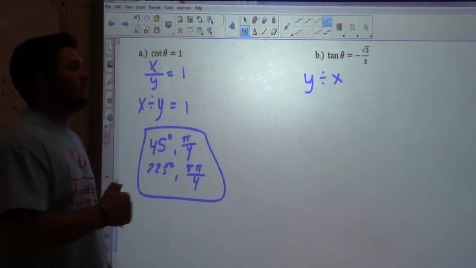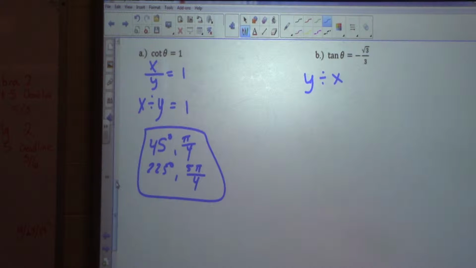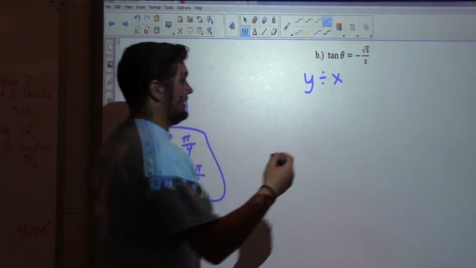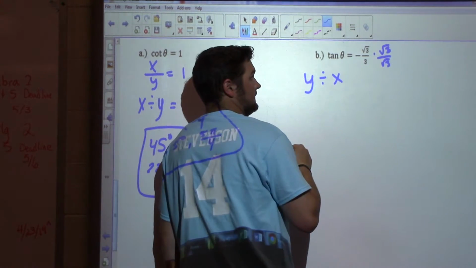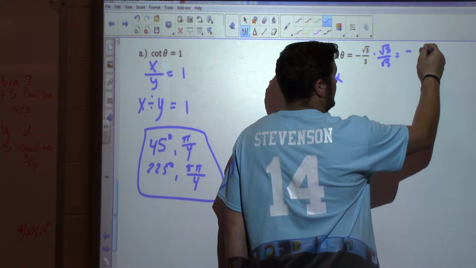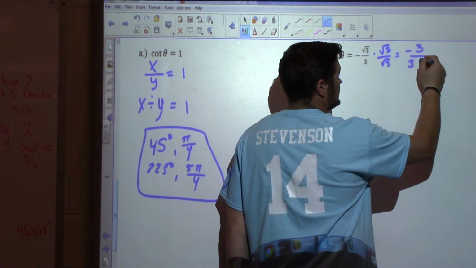So what I'm going to do is I'm going to re-rationalize it so I get my radical back in my denominator. Okay? Yes? Okay. So I'm going to multiply by square root of 3 over square root of 3. So I'm going to get negative 3 over 3 square roots of 3.